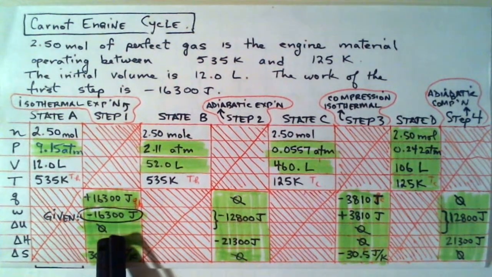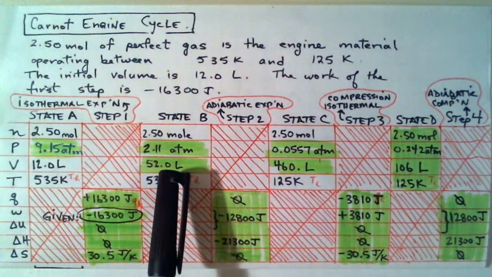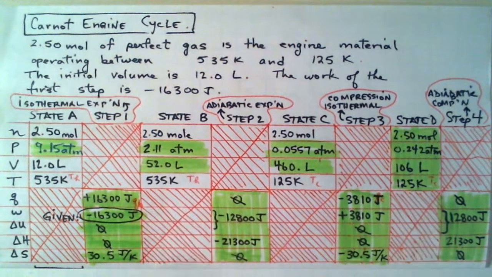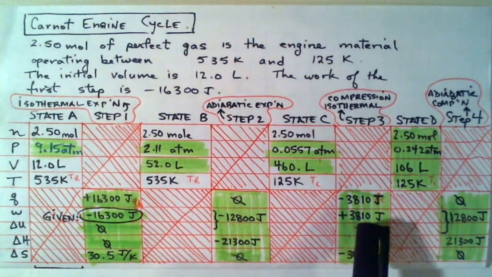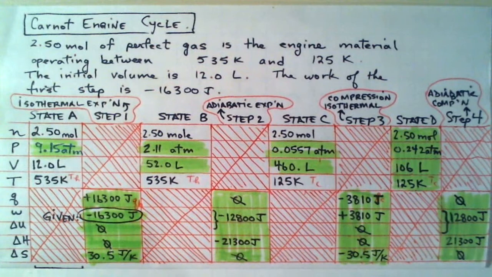Using work to find V final, and using the relationship between Q hot, Q cold, T hot, T cold to make our way through here.